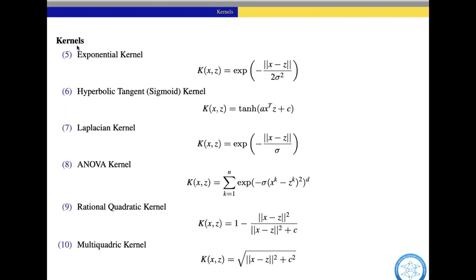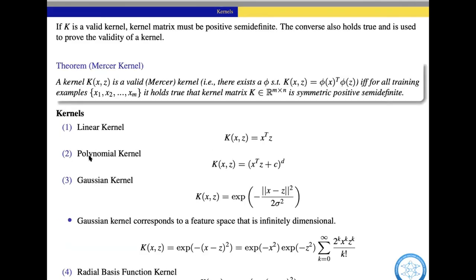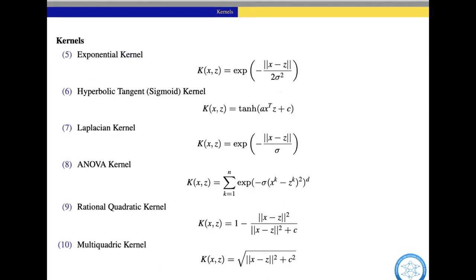But in general, the first 6 already cover most classification problems, so just try them one by one. Those with experience will of course tell you to choose a particular kernel.